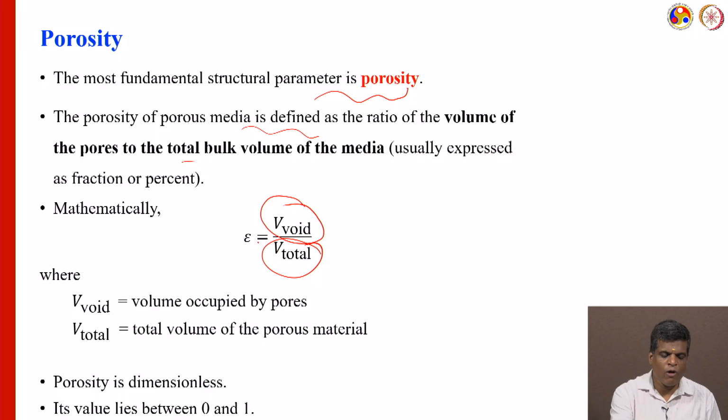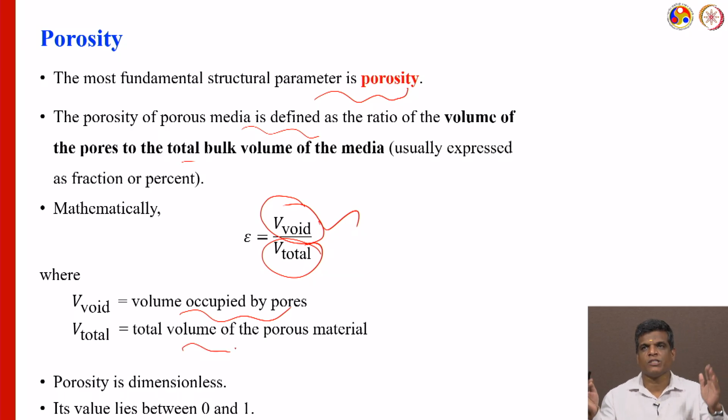So epsilon is the volume of void divided by the total volume of the porous material. Porosity is dimensionless, just a number. The value starts at 0 and ends at 1. It is always 0 to 1.